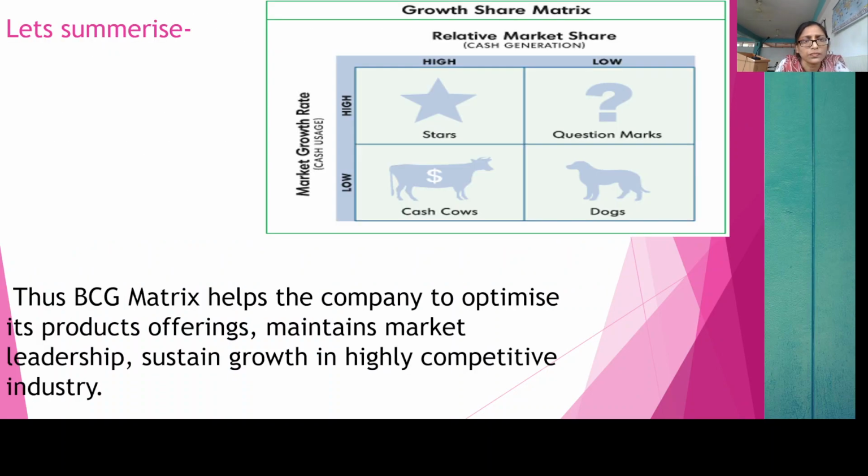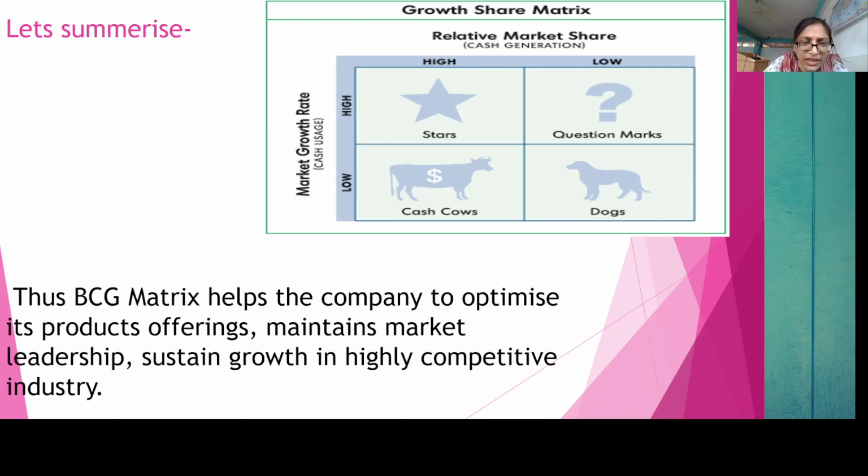Let's summarize. We have discussed the BCG matrix, with relative market share on the x-axis and market growth rate on the y-axis.